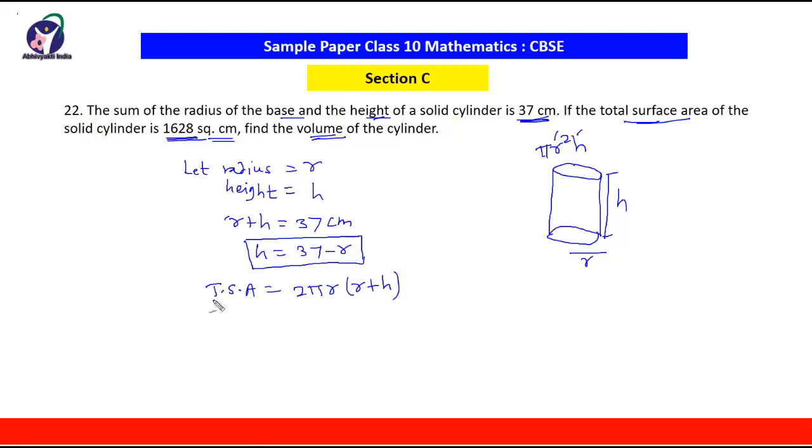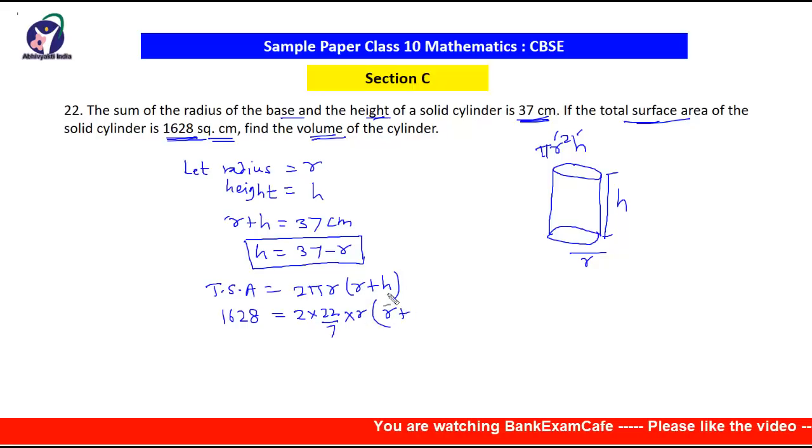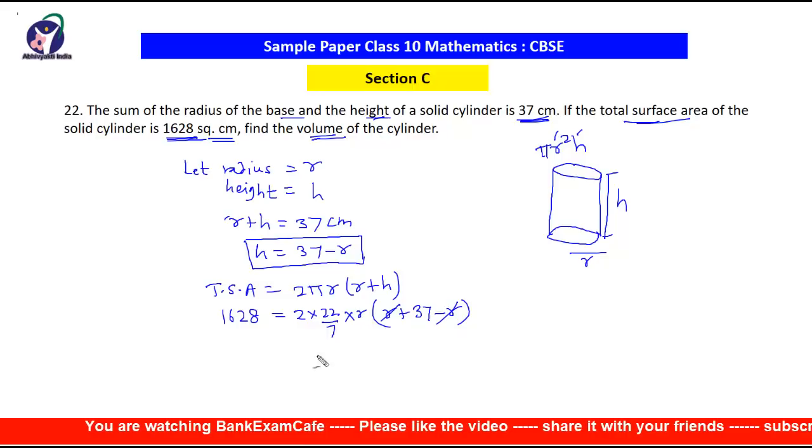So 1628 is equal to 2 into 22 by 7 into r into bracket r plus h, which is 37 minus r.